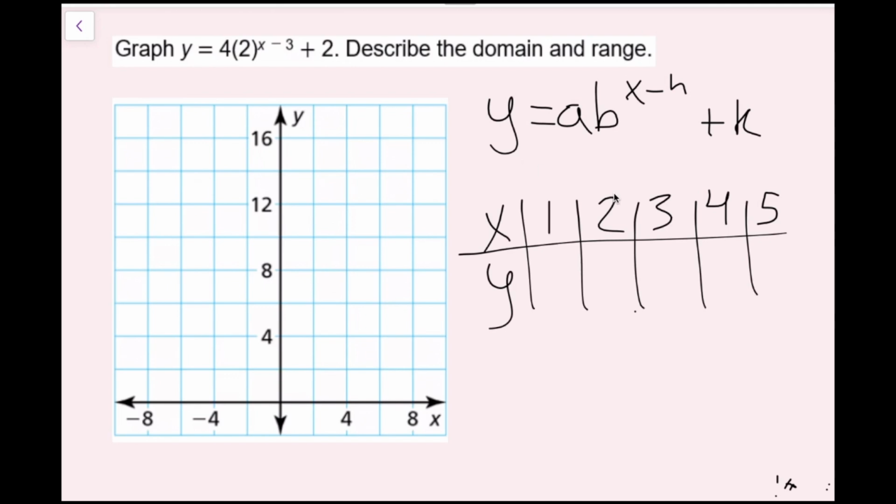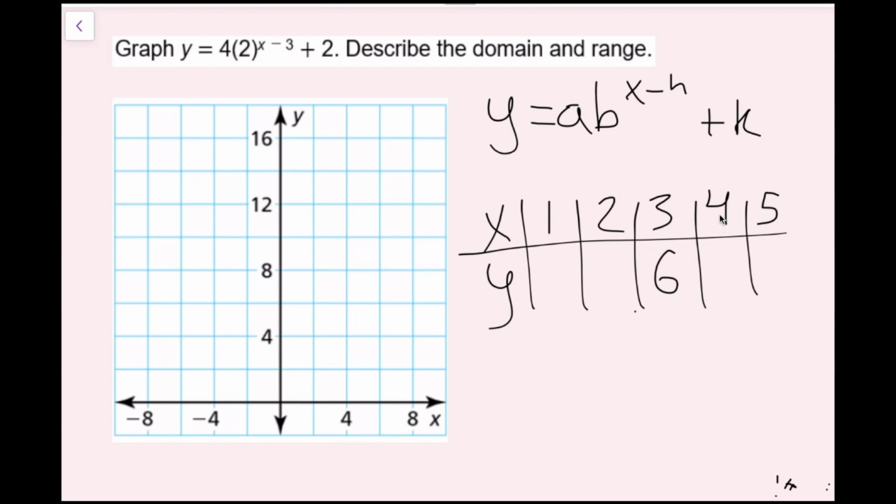Okay? So now, when I plug in 3 here, okay, I get 3 minus 3, that's 0. So 2 to the 0 is 1. So 4 times 1 is going to be 4, and then 4 plus 2 is going to be 6. So I get 6 here. Okay. So now that I've got my first y value, I'm going to find another y value here. Okay.